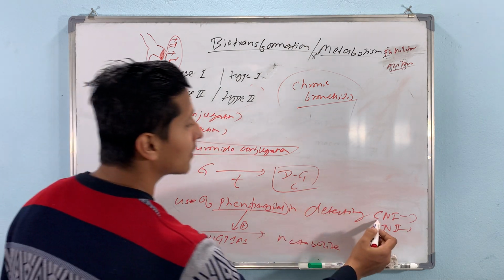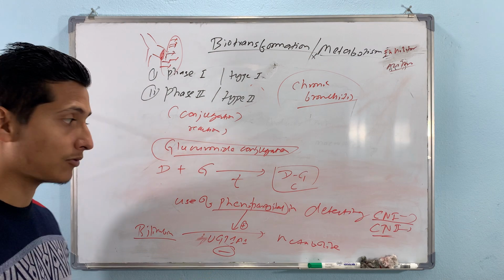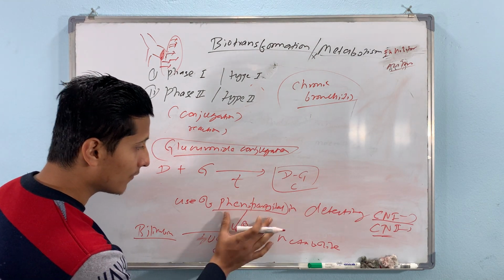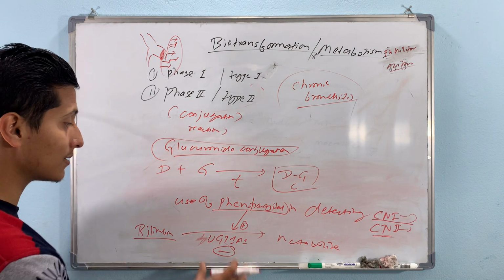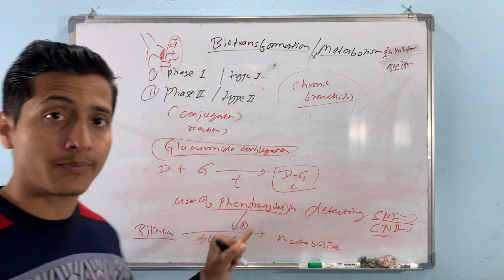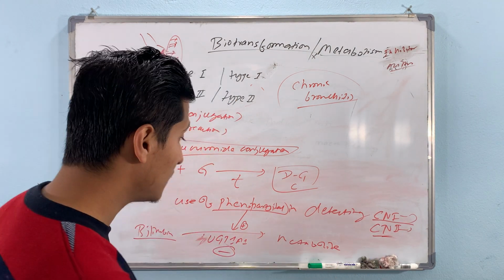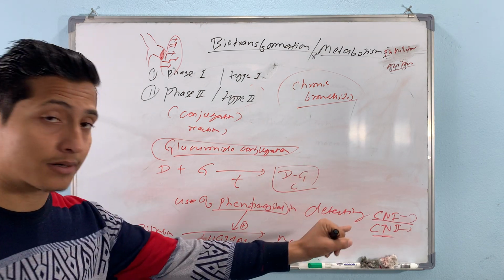In Crigler-Najjar type 1, there is absolute deficiency of this enzyme, so adding phenobarbital is not going to be effective. That's not going to be helpful. So when you give phenobarbital and the jaundice in the patient does not decrease, you can be sure the patient has type 1 Crigler-Najjar syndrome.